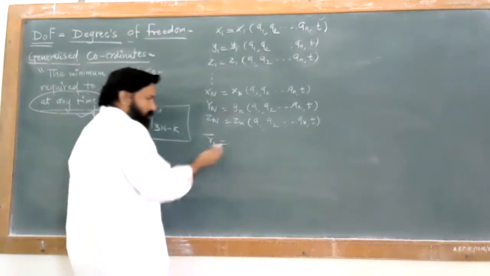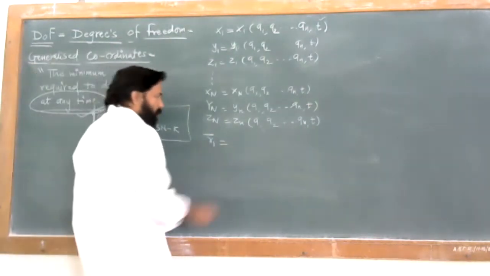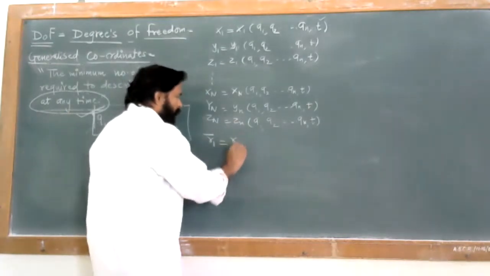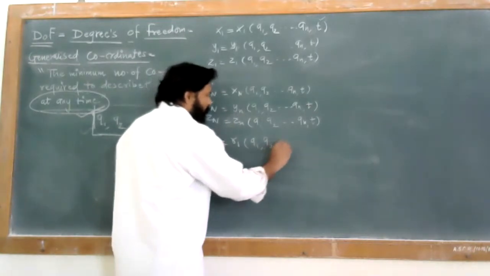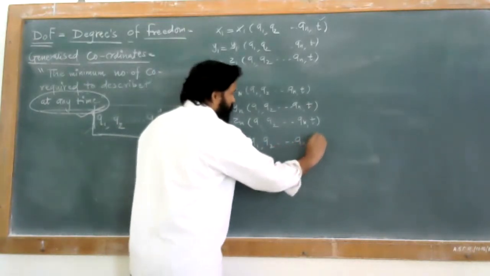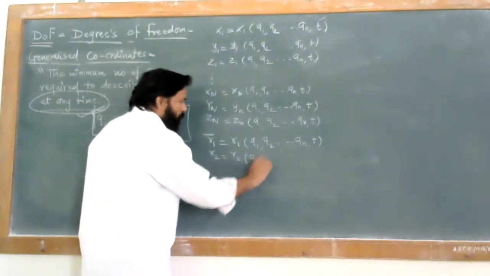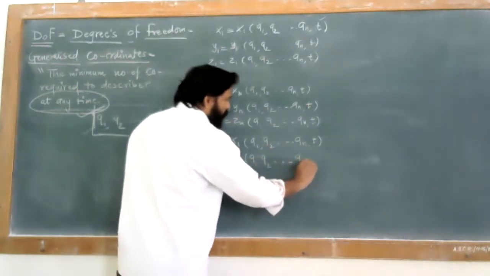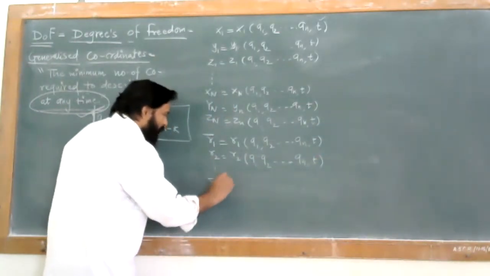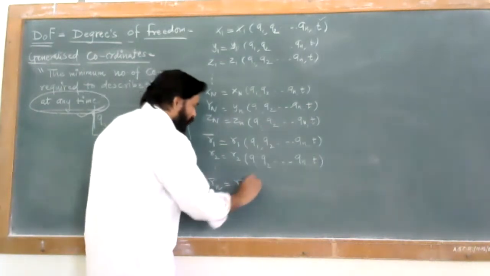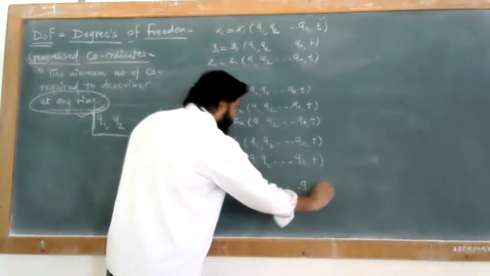Or otherwise, we'll say this can also be expressed as R1, which is nothing but the vector x1, y1, z1, x2, y2, z2. So I can express R1 as R1 of q1, q2 up to qn of t. Similarly, you can define R2 of q1, q2 up to qn of t, and likewise Rn is Rn of q1, q2, qn of t.